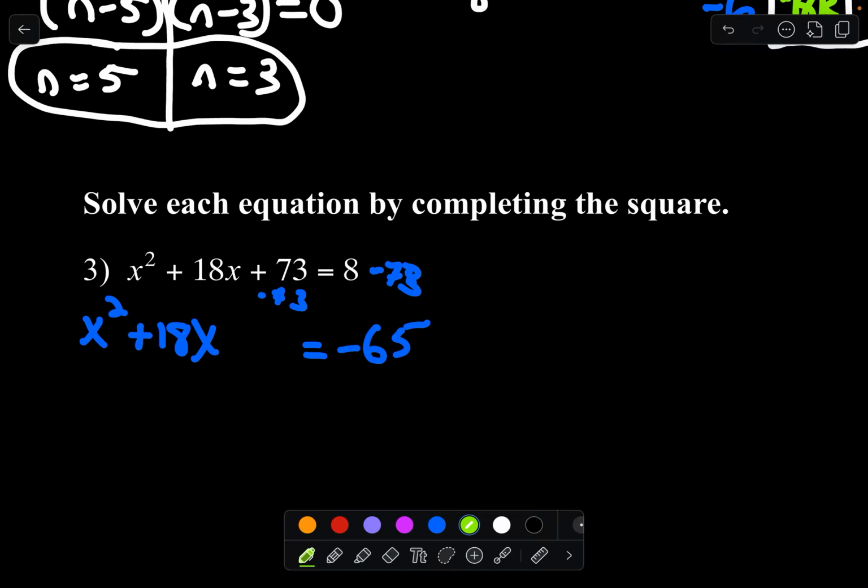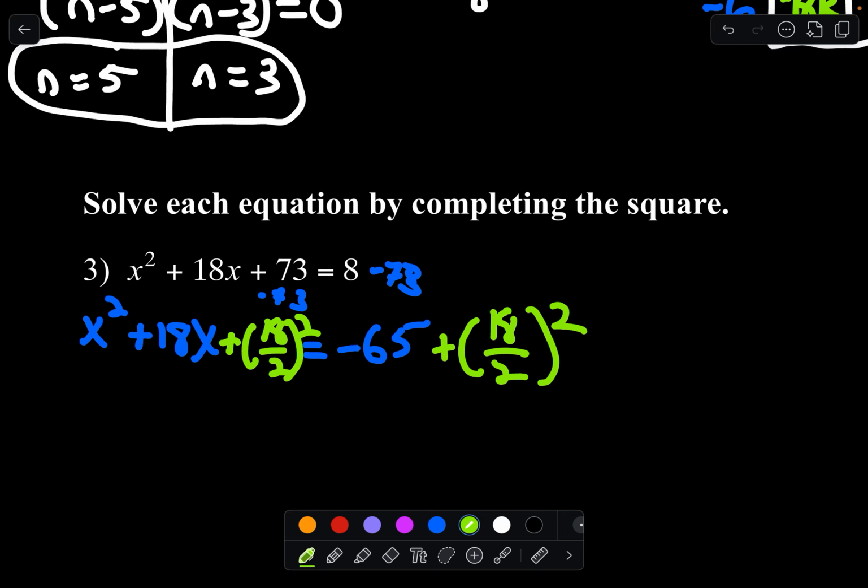Now take half of the number in front of x. So that's half of 18. Square it and add. Yes, I know what half of 18 is. That's 9. So this is really just going to be negative 65 plus 9 squared, which is 81.